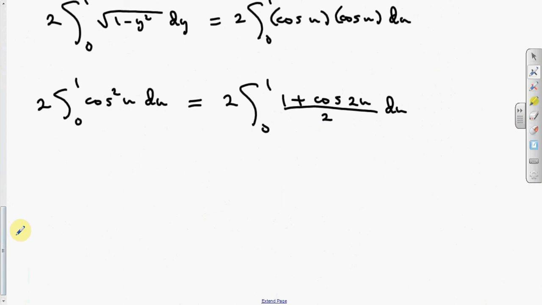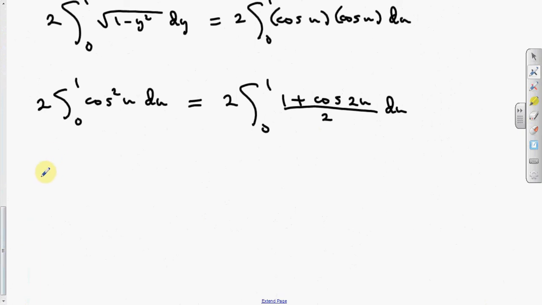Now, I tell you, there's not too many things that I remember from trigonometry. Like I said, it's a handful. The handful that I remember that I know that I always see in calculus 1, 2, and 3, differential equations. This guy is one of them.